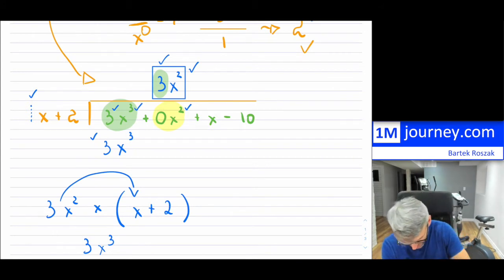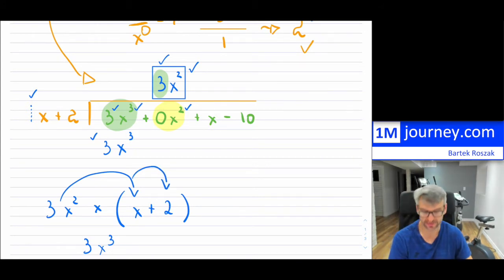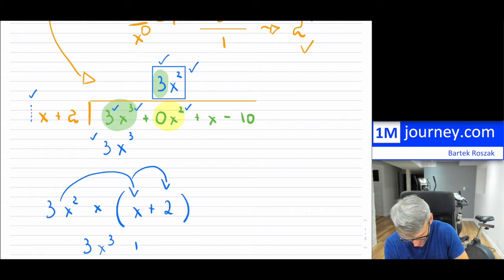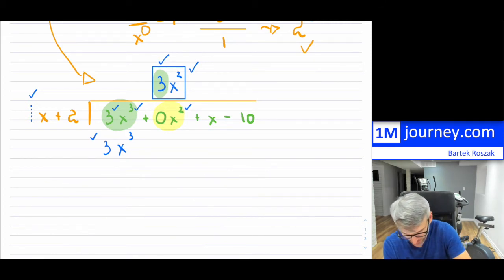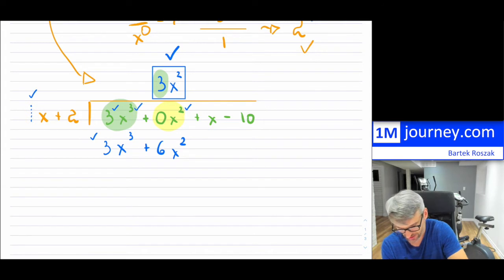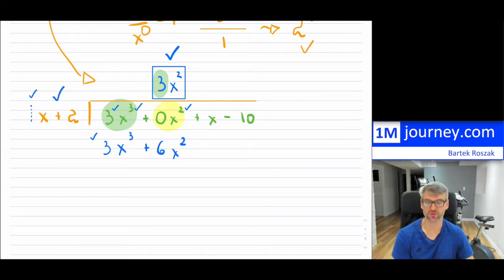But then, of course, it still has to multiply the second term, and that's going to give me plus 6x squared. So let me remove this right here and put it in here. So this is going to be plus 6x squared. And that is just the multiplication of this times x plus 2.